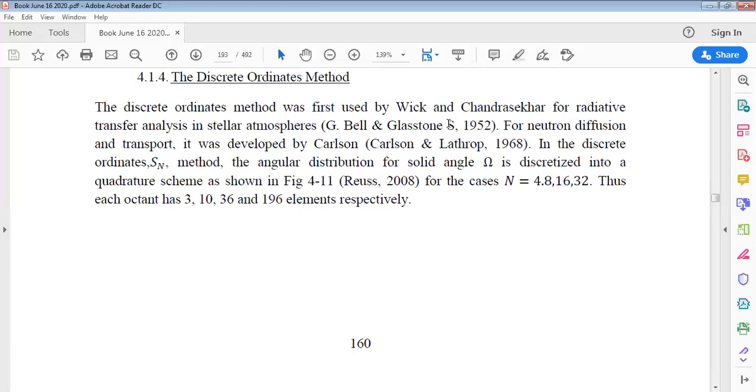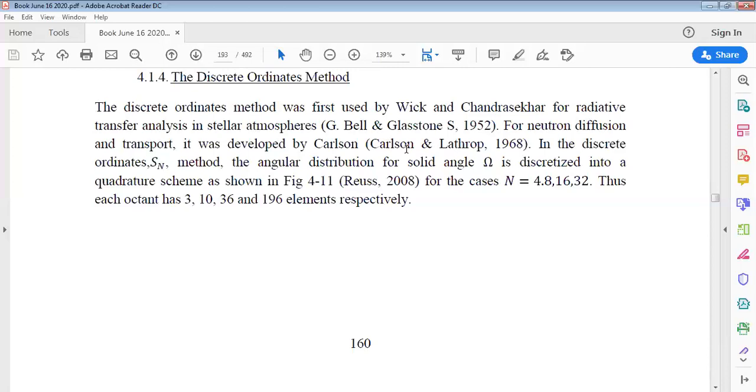So the first use of the discrete ordinates method that I found was by Wick and Chandrasekhar. And then there's a lot of very good work by Carlson in 1968, and the book by Carlson and Lathrop, and they developed codes on this. It was called ANISN, anisotropic SN method, which I did use in the early days, but then I shifted to 3D codes and all.